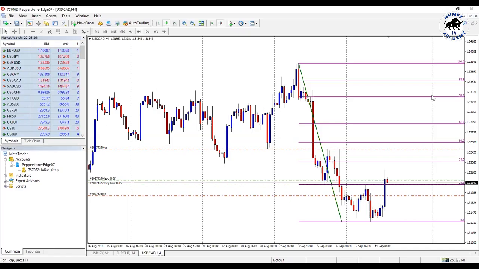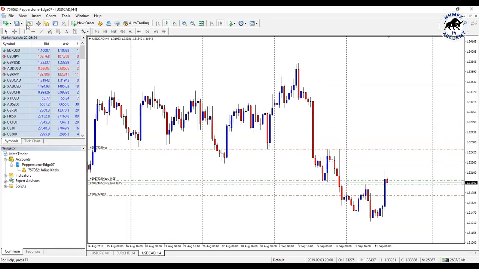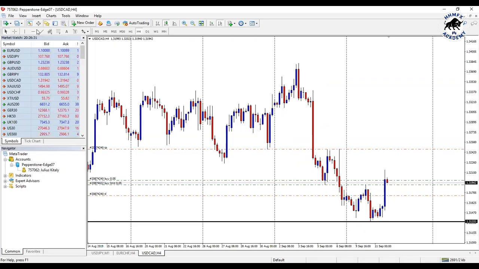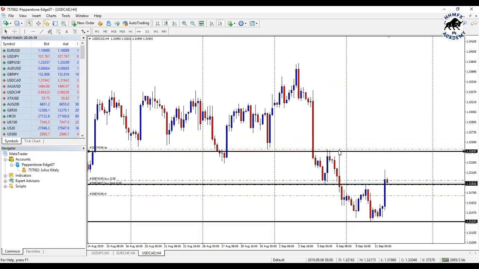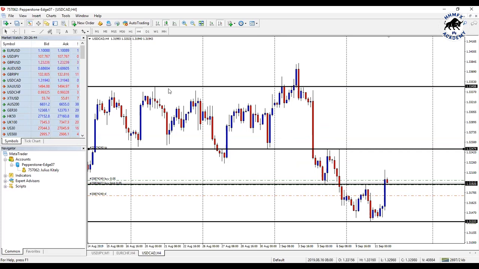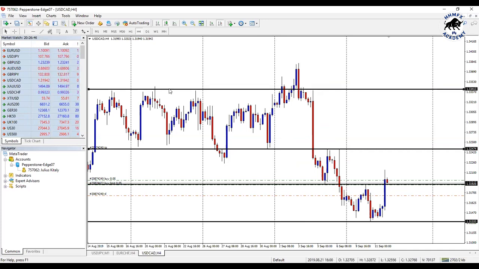Remember when we drew support and resistance, we drew support at this point. We drew also at this point as a resistance. We also drew at this point, somewhere here. We also drew at this point, and at this point.